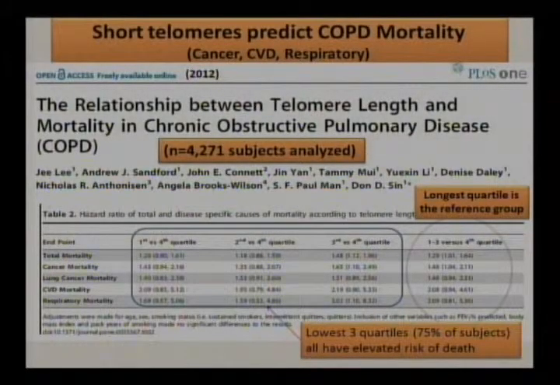Yes, this is all death. There were some disease measures, but compared to the fourth quartile, that's where you see the ones with the longest telomeres as the reference population. So a large number of subjects in all of these different populations are at an increased risk, 75% in this one, of death from multiple different diseases.